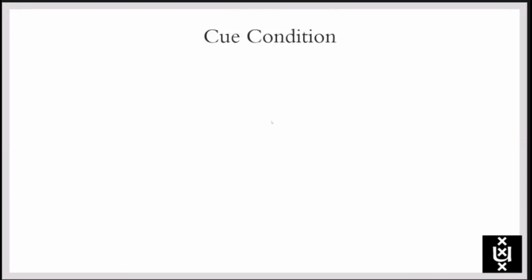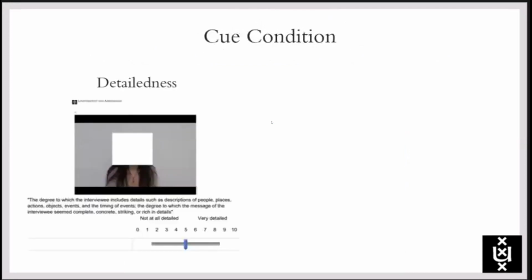So with the cue conditions, both groups saw the same videos, but they saw different instructions. So this is what a participant will see. You will see an instruction of what detailedness is. It's about description about people, places, and how concrete these are mentioned in the video statement.